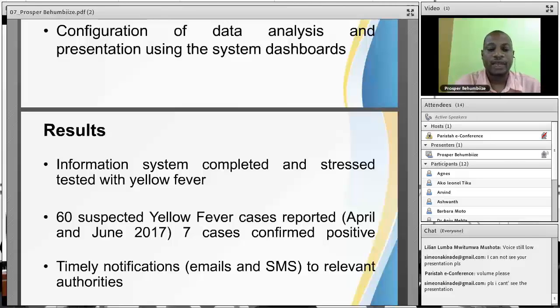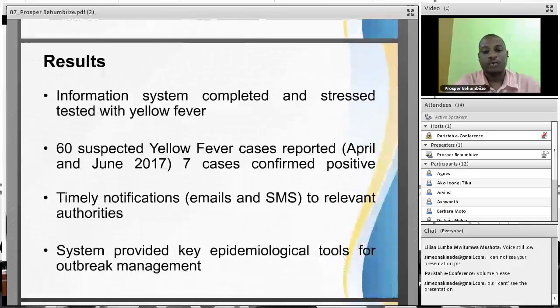We started right away with the first case and checked whether this case would be notified to the relevant people immediately. That is how we were able to track this outbreak, using the management dashboards that the emergency operations use.